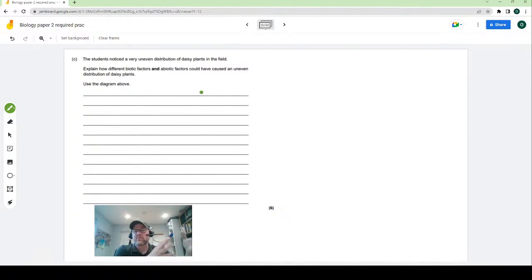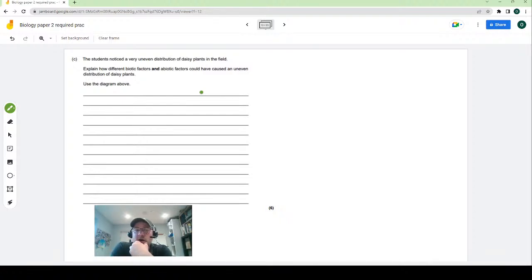They're not asking you to do the line transect. They're just saying, why would more daisies grow in one part of a field than another part of a field? 6 marks. They basically talk about biotic factors and abiotic. So can you guys think of 3 biotic factors and 3 abiotic factors?